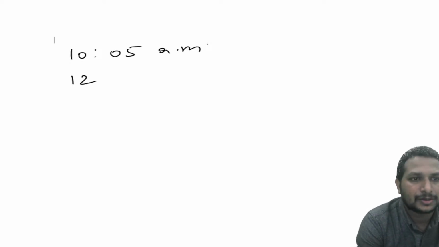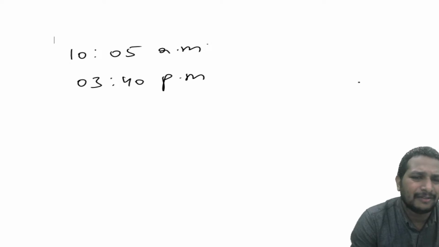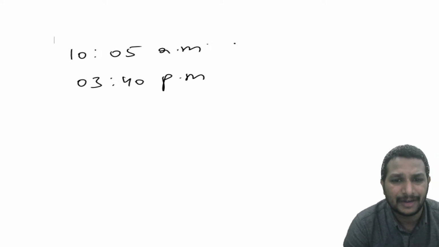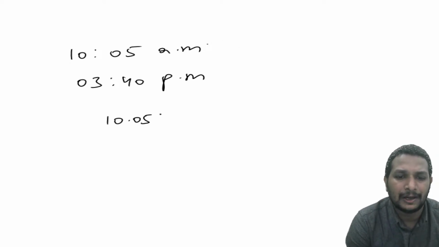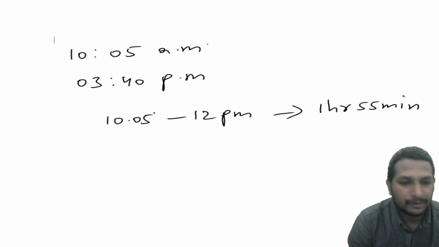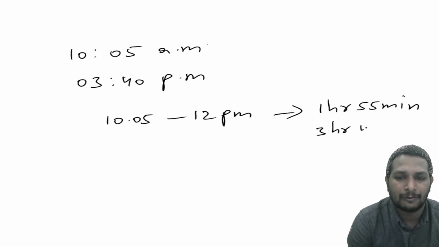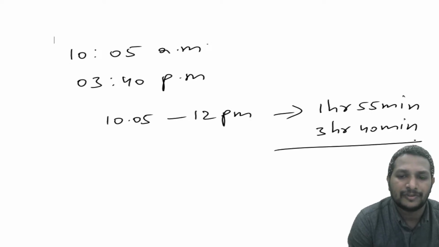It ended at 3:40 p.m. You can divide it in two parts. From 10:05 to 12 p.m., I'll get 1 hour 55 minutes. From 12 to 3:40, this will be 3 hours 40 minutes. If I take the total, it's 4 hours 95 minutes.